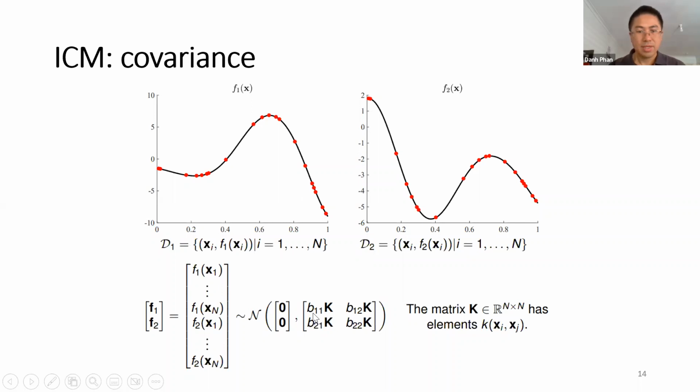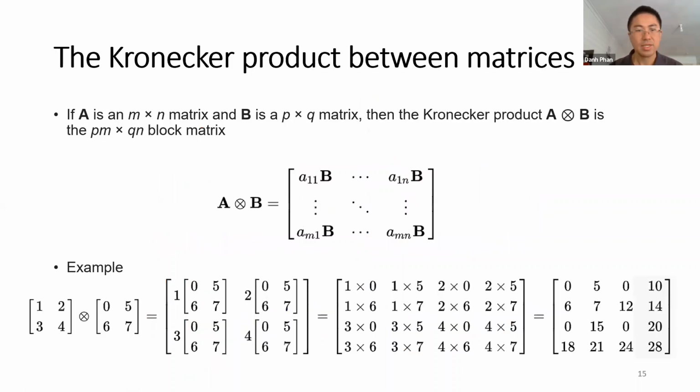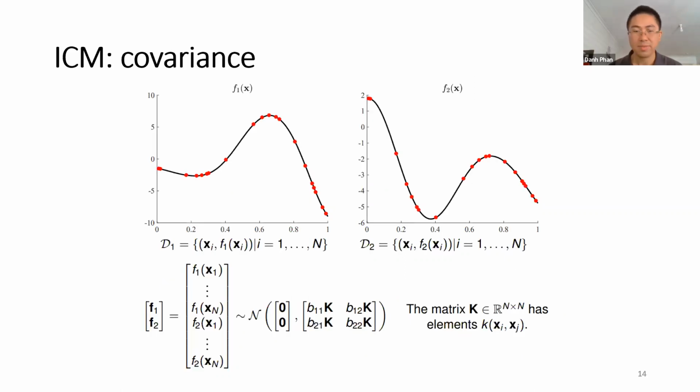And this new covariance function is actually called Kronecker product.